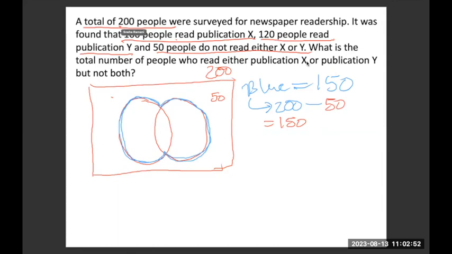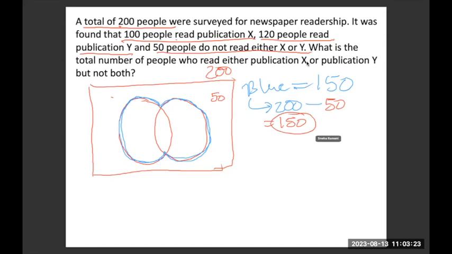Out of that, 50 are not reading X and Y. The value 50 will be outside, and 100 and 120 will be kept inside. And then there will be a few people who will be reading both X and Y, which is not given to you. So 50 will be left in the empty space which is outside. So 200 minus 50 is 150.